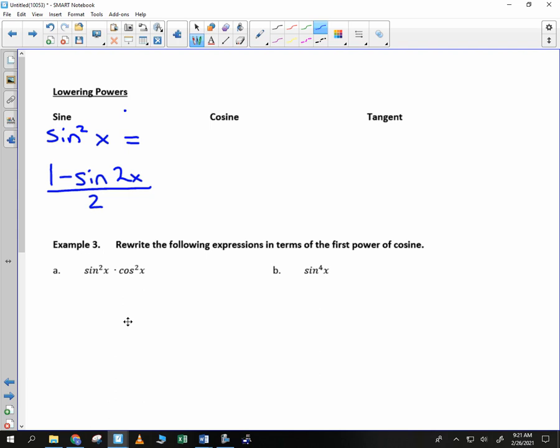Notice what happened. The degree changed from 2 and went down to 1. See that? That's why it's called a reducing power or lowering power.